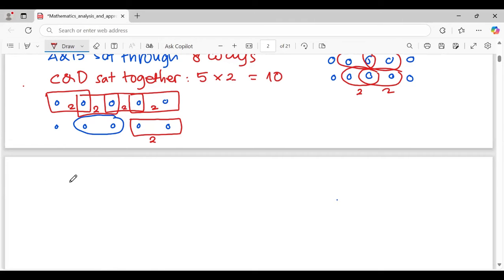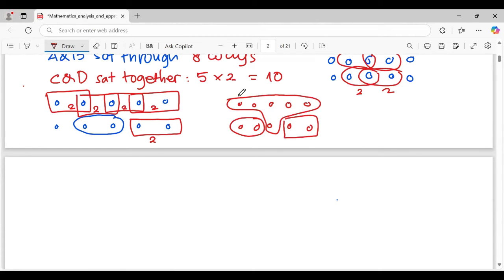After that, we have to multiply by 6 factorial, because if A and B sit here and C and D sit here, there are 6 remaining desks.